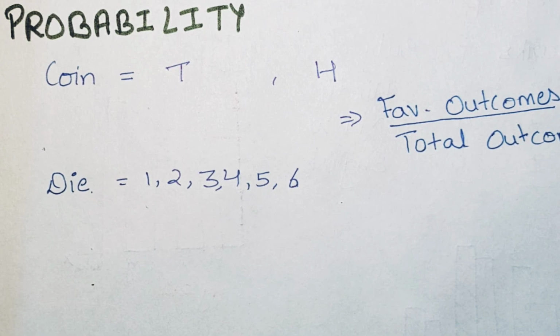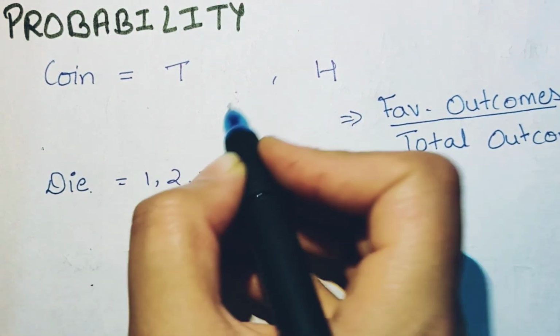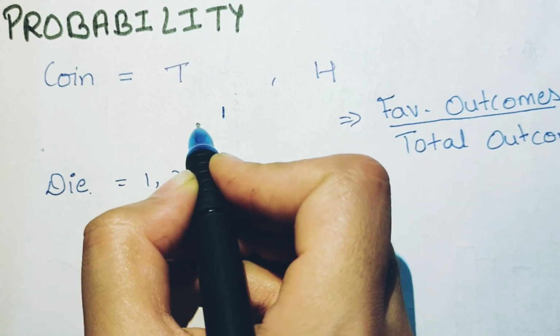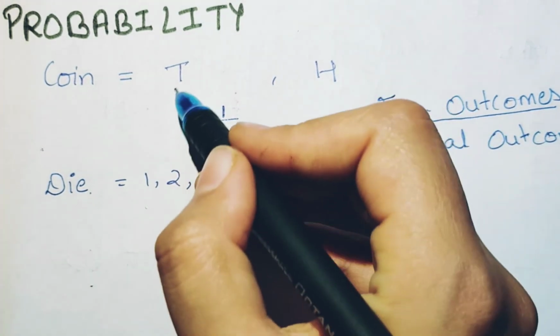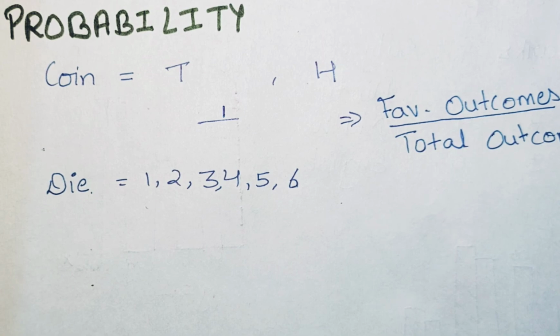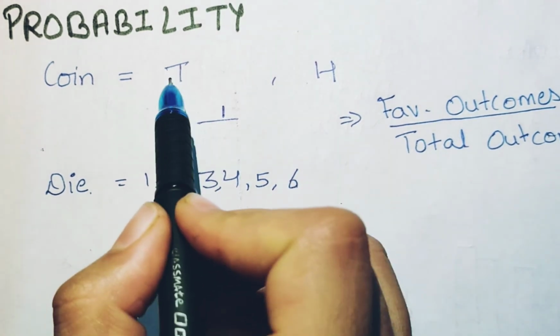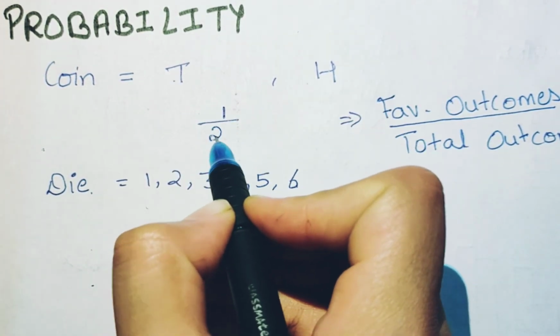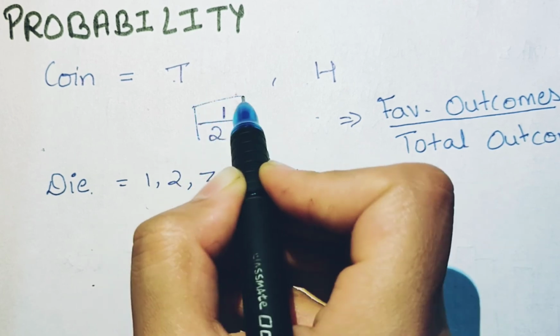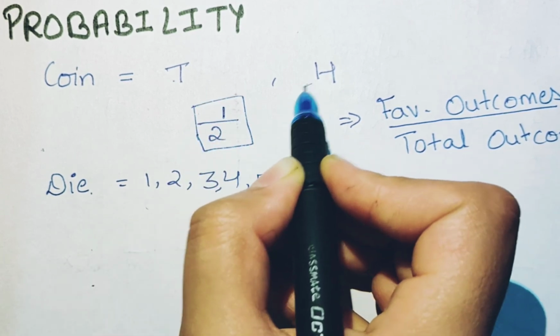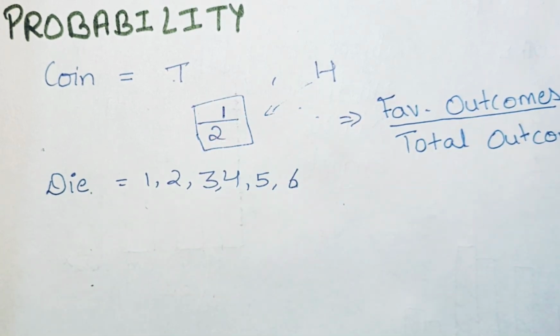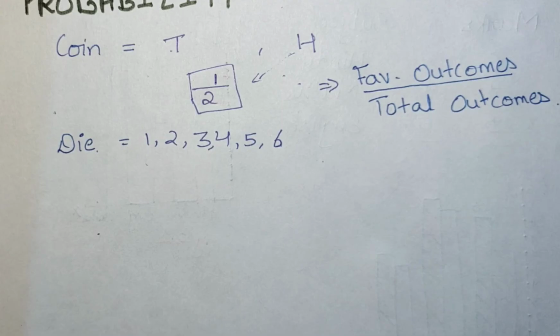Now when you will toss a coin, there will be only one favorable outcome because only one thing will come, either tail or head. Now total outcomes are how many? 1 plus 1, 2. So the probability of tail is 1 upon 2, and same the probability for head is 1 upon 2.